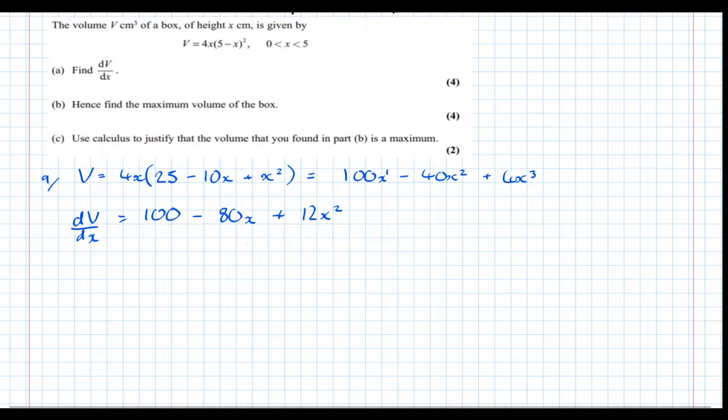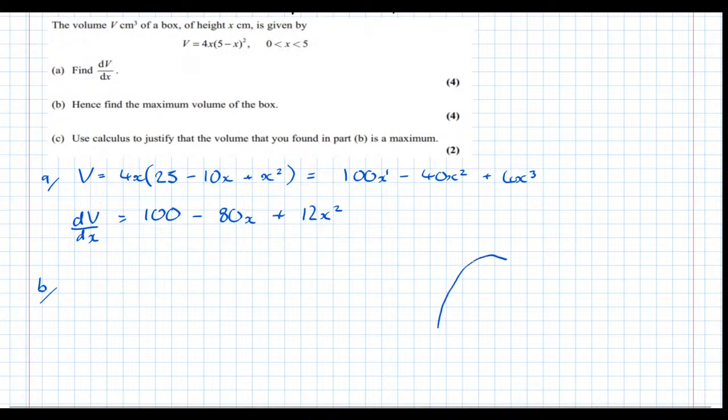Part B, the trickier part. Hence find the maximum volume of the box. Well, to find a maximum or minimum for any curve, and think of this as a curve with an x-axis and a V-axis, we differentiate. Luckily, we've already done that. And then set the differential to 0.